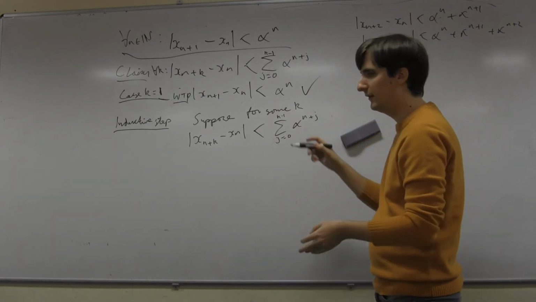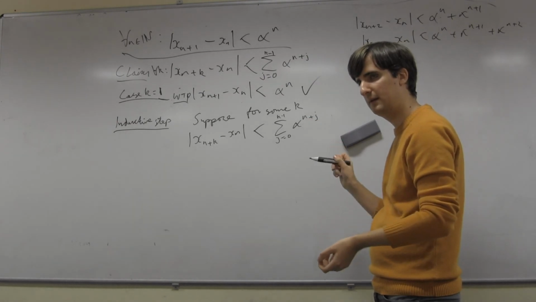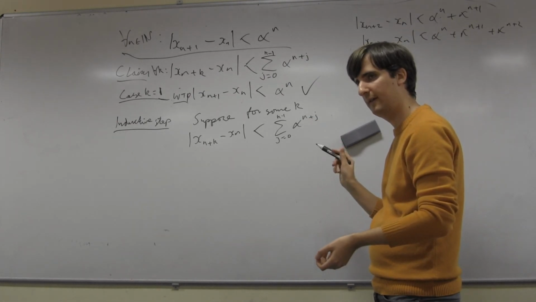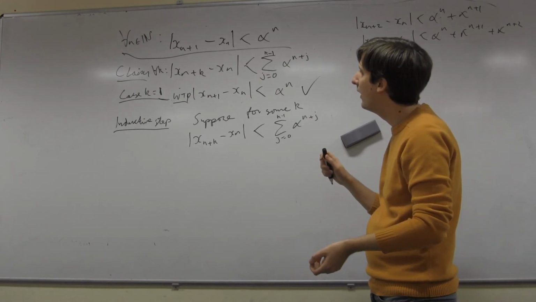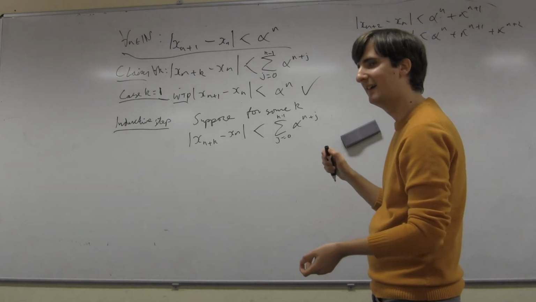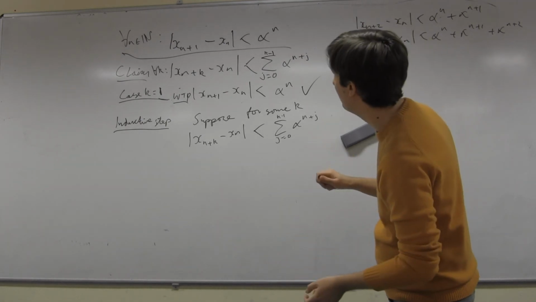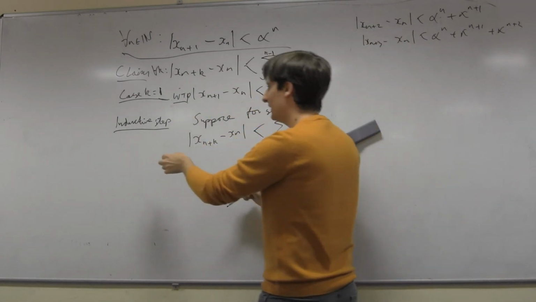What are we trying to prove here in the inductive step? That x_n is a Cauchy sequence. That's where we're going in the long run.